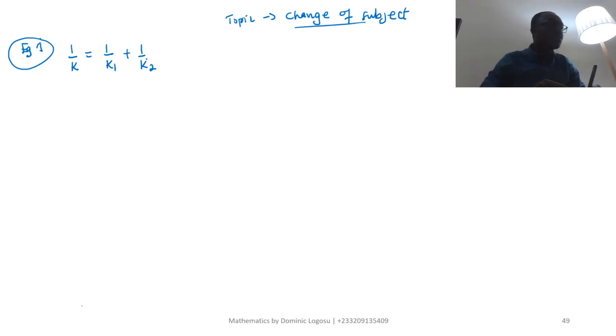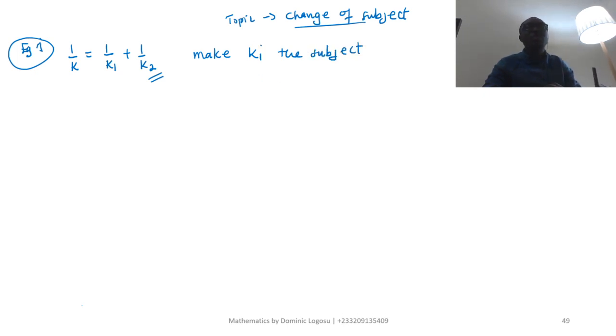1 over k2. Solving this will basically mean if they say you should make k1 the subject.